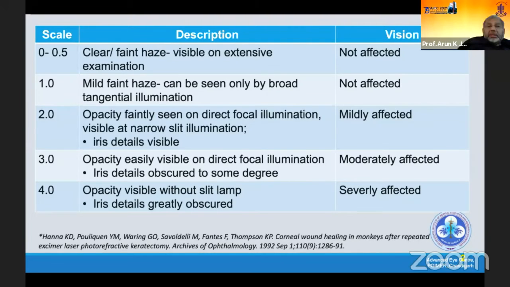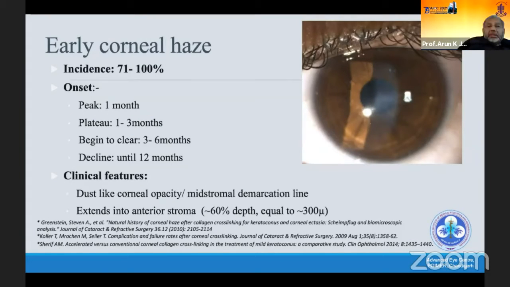And early corneal haze, as we said, happens in almost all cases, and it usually declines by 6 to 12 months. Clinically, it appears as very fine mid-stromal to anterior stromal corneal opacity anterior to the demarcation line.